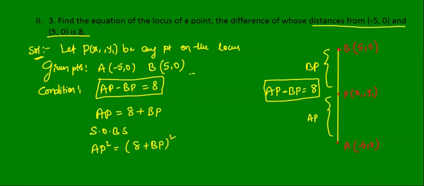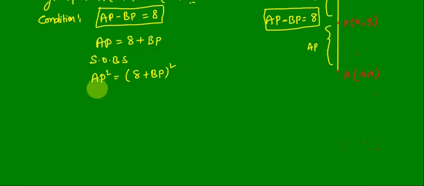If you observe, this is in the form of (a plus b) whole square, so a square is 8 square, which is 64, plus 2ab, which is 16BP, plus b square, which is BP square. Okay, a square plus 2ab plus b square, right?